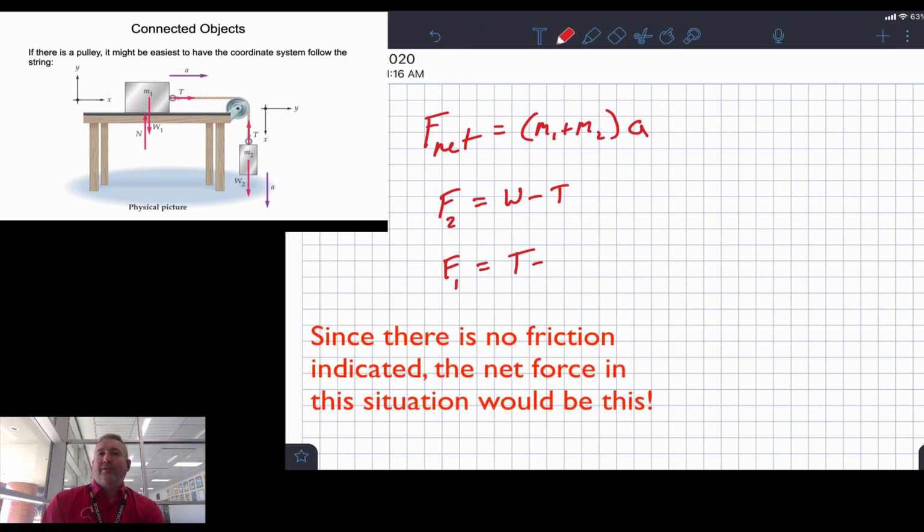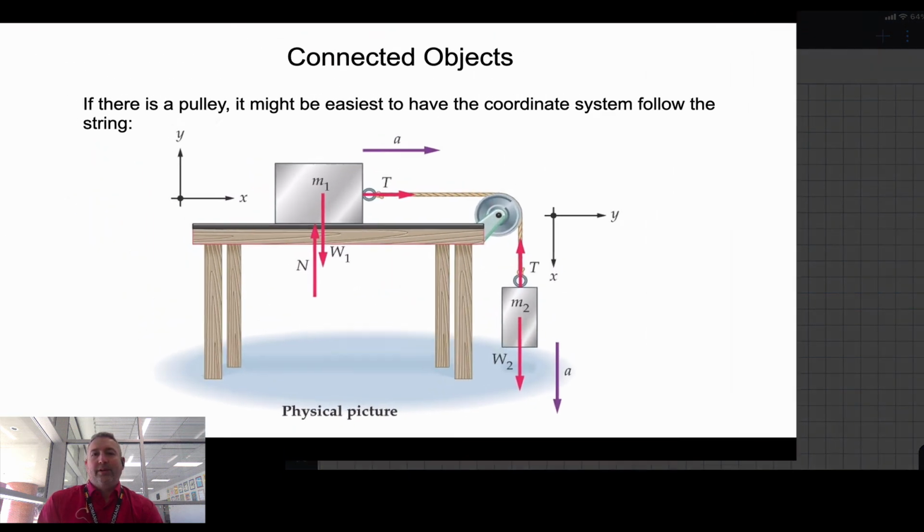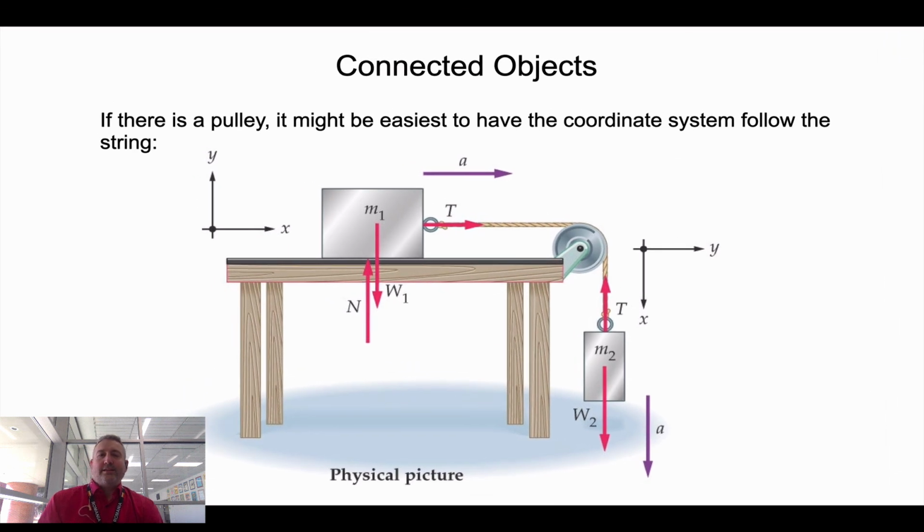We don't have a force vector, so we don't necessarily have any, but that means that mass 1 and mass 2 have to act as one full system to have the same acceleration. So the combined masses, mass 1 and 2, times the acceleration of the whole system. So that's our challenge when we do these systems.